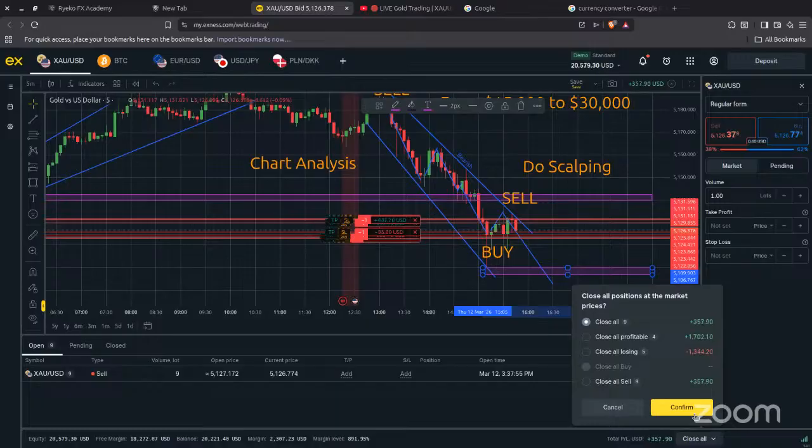But I need it to break the other level down now, and then I close. But this 1,000 here, I need to also get it. So let me wait and see.